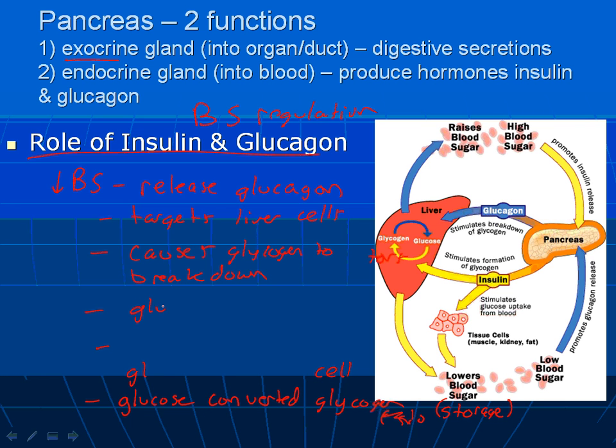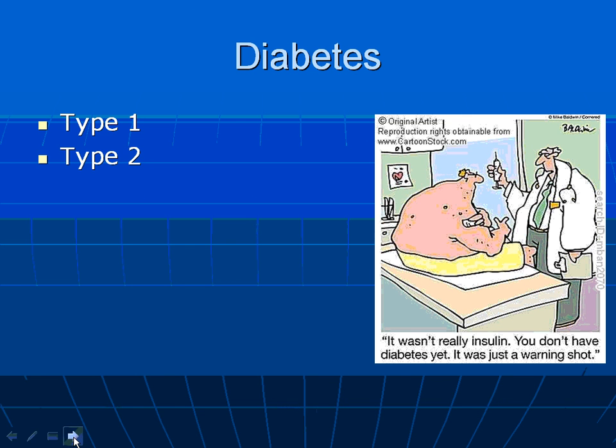So glucose is released back into the blood, which again increases the blood sugar back to a normal level. So this is just another process where homeostasis is achieved.